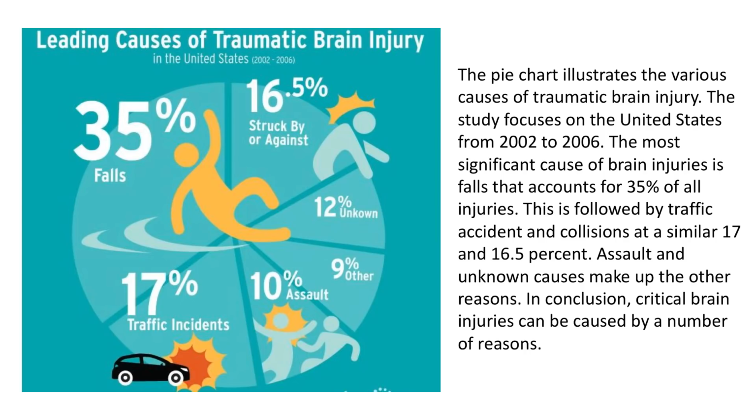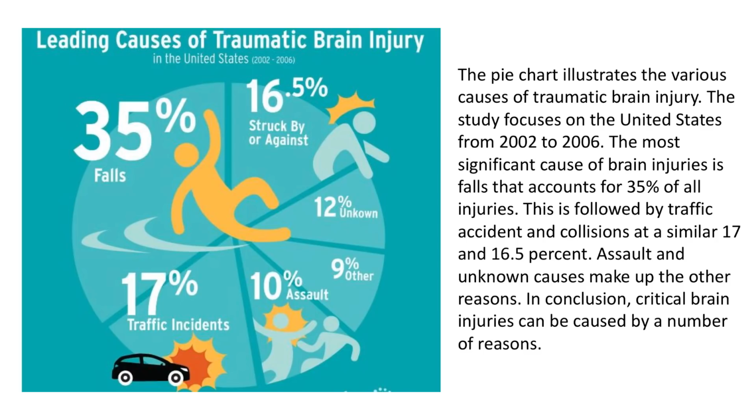So that gave us our first couple of sentences. You could have also combined these two into one sentence, that the pie chart illustrates the various causes of traumatic brain injury in United States from 2002 to 2006. So feel free, as long as you are putting in the information and you are putting it the right way, feel free.